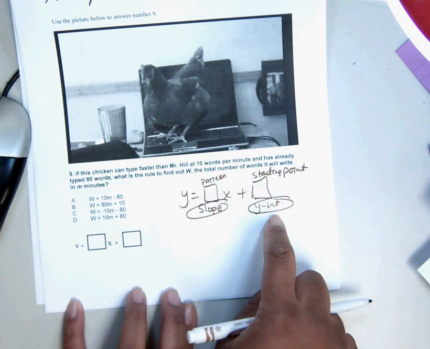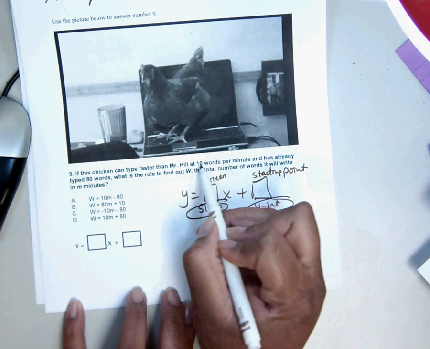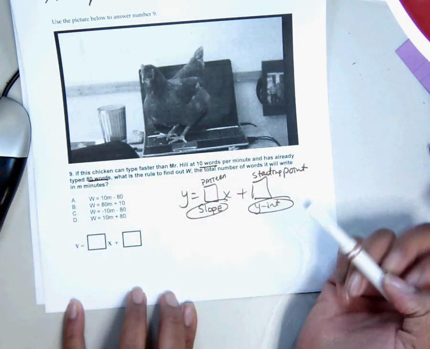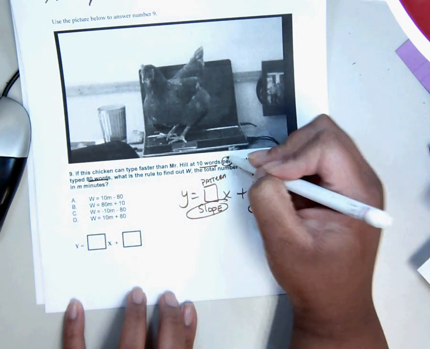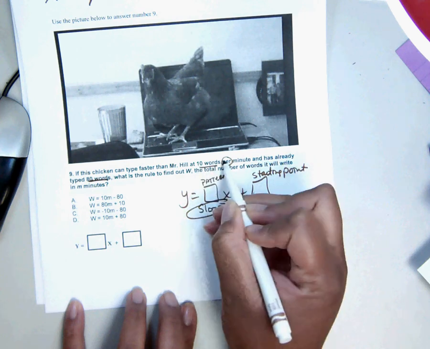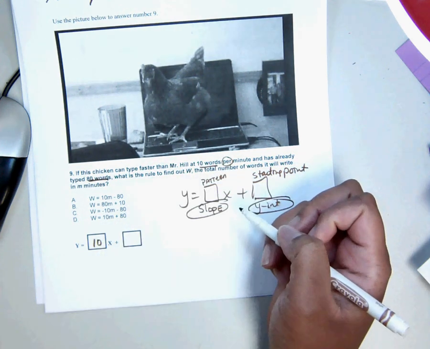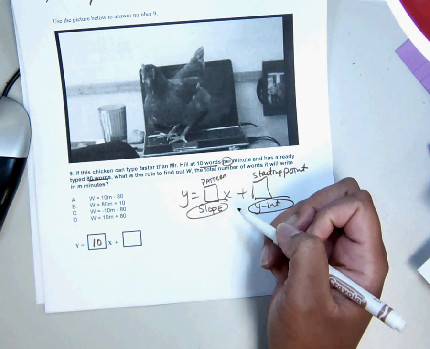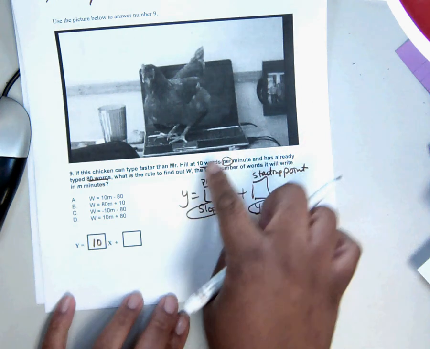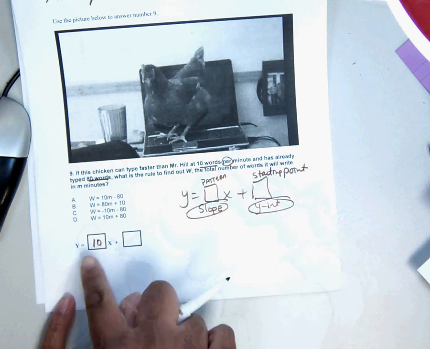And of the information given in the word problem, which number goes where? Well, the one that's next to per will always go next to x. And per is not the only word. It could be per, it could be each, it could be every, it could be a. All of those numbers that are sitting next to those words will go next to x.